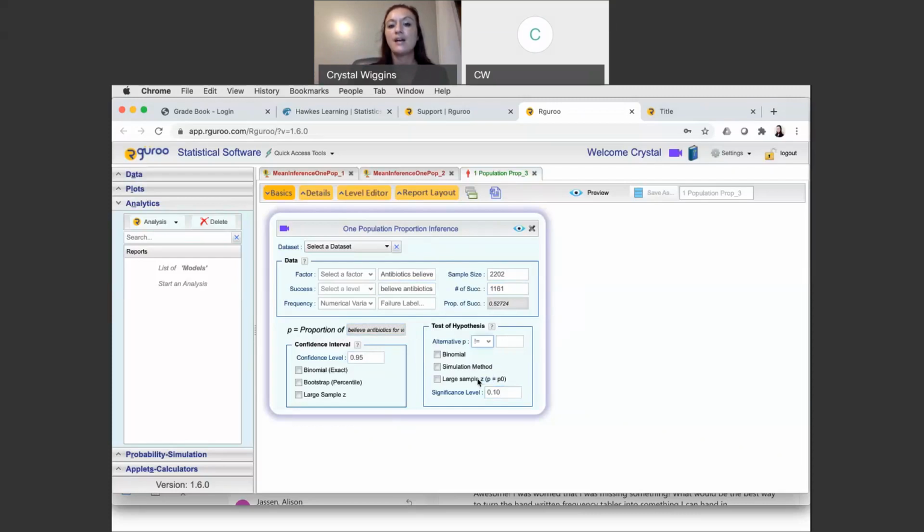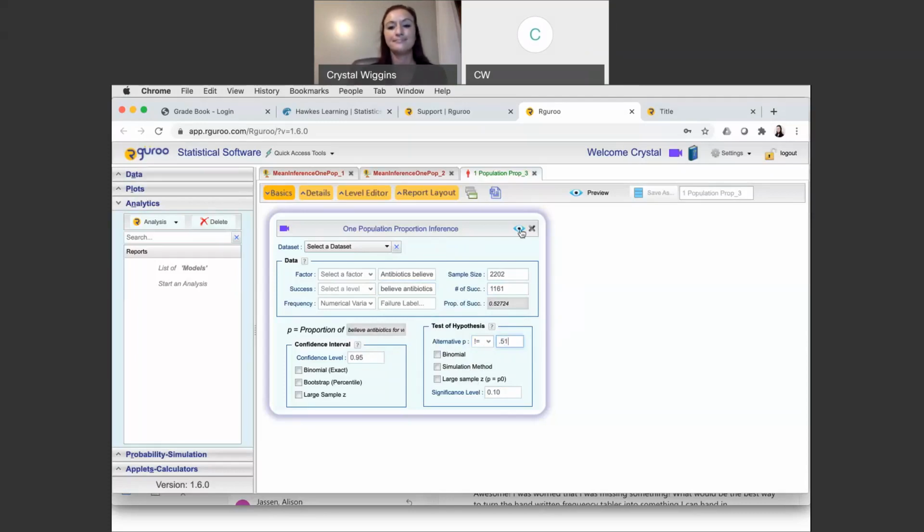Now this exclamation point equal sign is actually used in the R language. That's how you write not equal to in a language called R, just like there's C++, Java, Python. R is another programming language. And that's why this is called R Guru, because R is the programming language which is actually driving all of this to work. And we're saying that we are testing that this is not equal to 0.51.